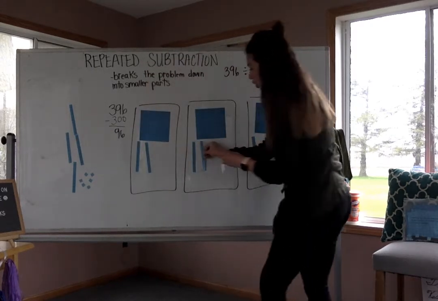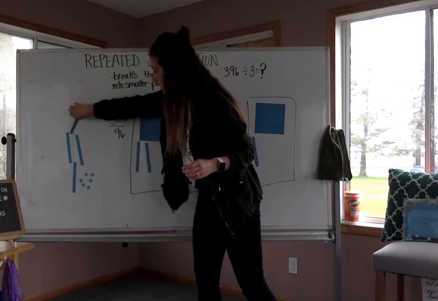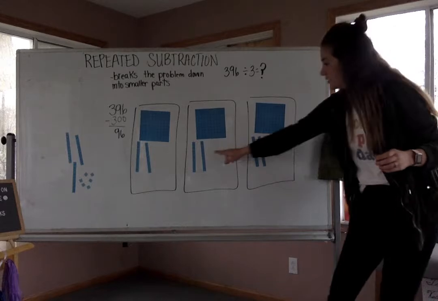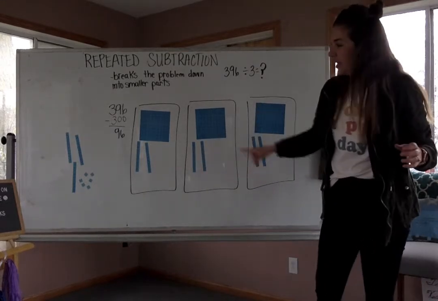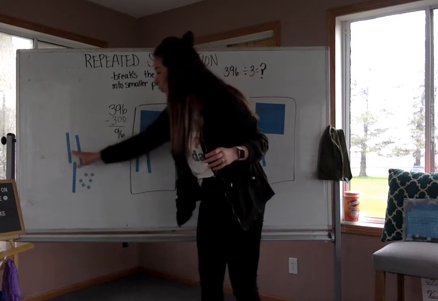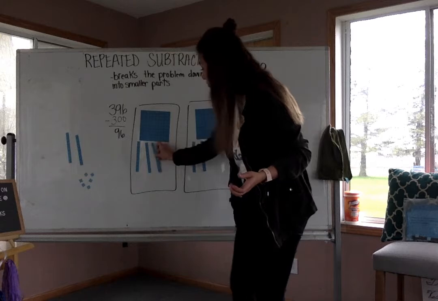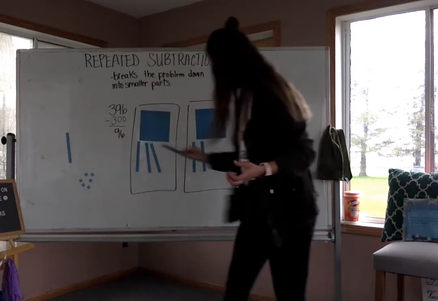I'm kind of thinking in larger groups right now. Okay, I am going to put 10 more in each. But if you look very carefully over here, how many more tens do we have? 1, 2, 3.